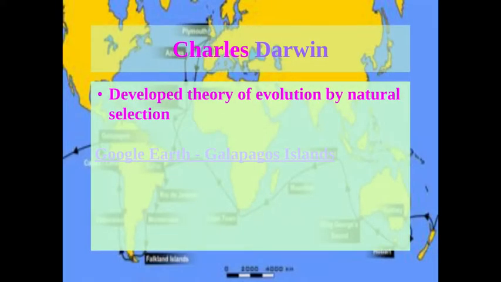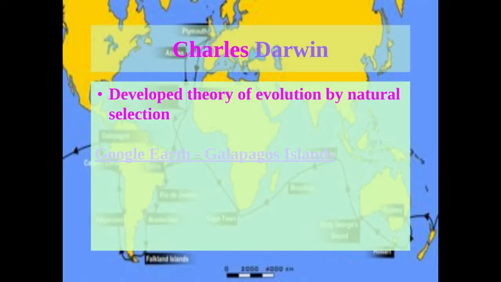Now, the best way to think about natural selection is because of Charles Darwin. He was a naturalist that rode on the HMS Beagle on a trip that went around South America, up by Europe, around Africa, and all the way around by Australia.